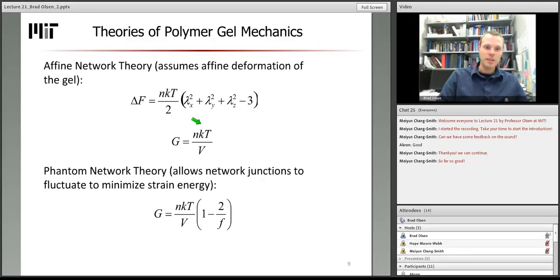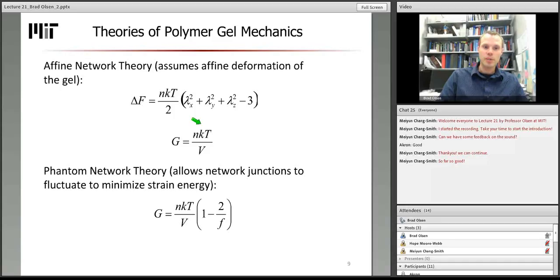The other network theory that's been developed is the phantom network theory. The phantom network theory has a significant change from the affine network theory: it allows junctions within the gel to relax. So the gel can undergo internal relaxation, which minimizes its strain energy, and therefore the overall modulus is predicted to be lower.